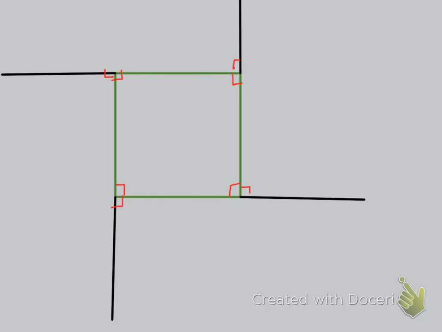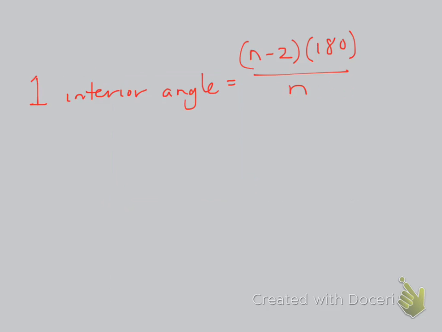Okay? So all those are 90 degrees. So if you have four angles at 90 degrees, 4 times 90 is going to give you 360 degrees. So these exterior angles here all equal 360 degrees.